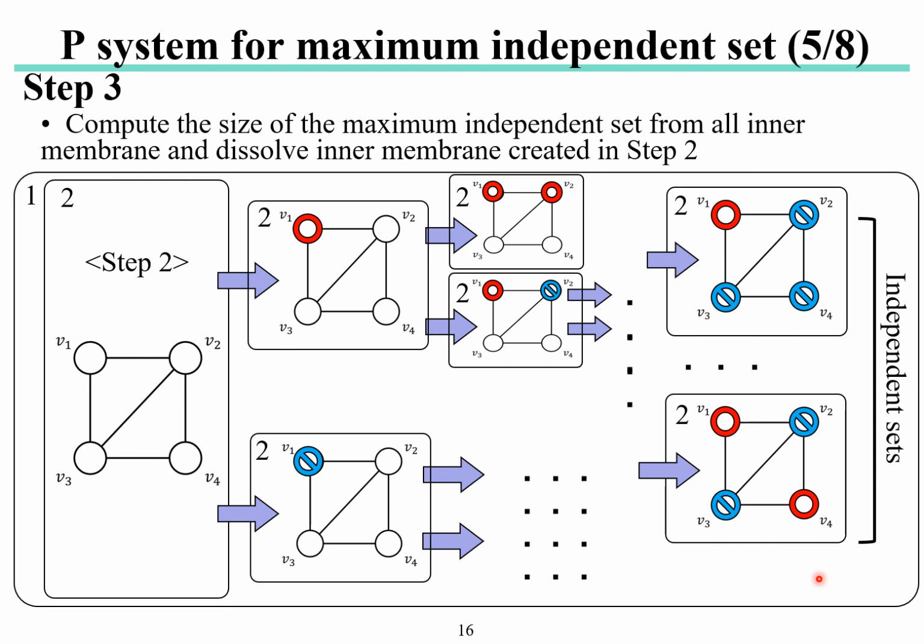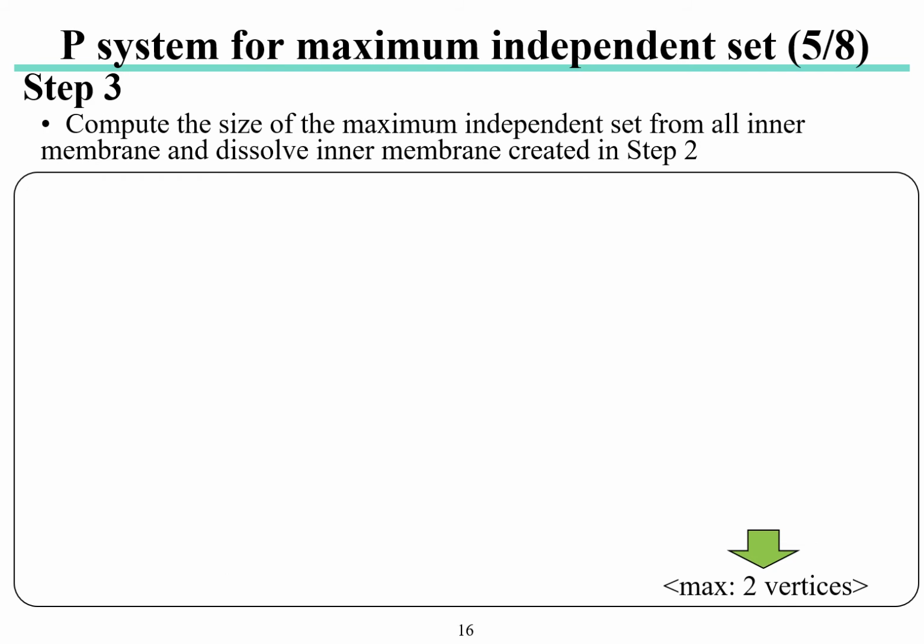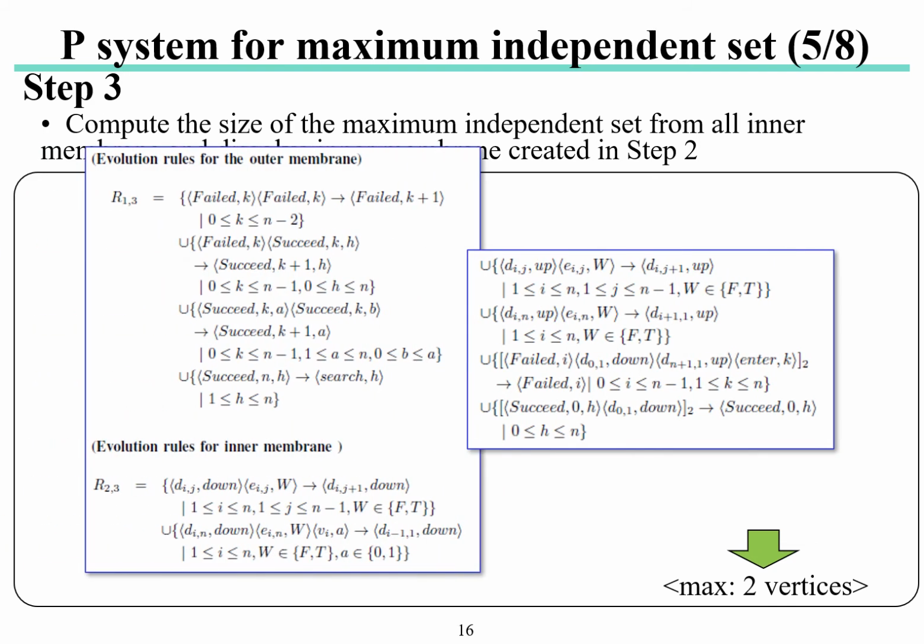So the size of the maximum independent set is 2, and the object is created like this. Then the inner membranes created in step 2 are dissolved. Step 3 is mainly executed using these evolution rules.